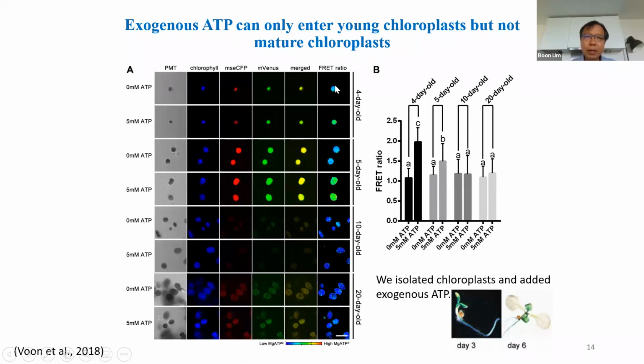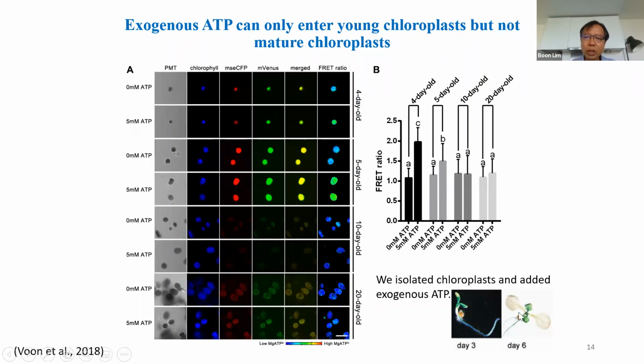If the ATP can get into the chloroplast, the FRET ratio will increase. We can see that ATP can get into 4-day-old and 5-day-old chloroplasts, but not 10-day-old or 20-day-old chloroplasts.